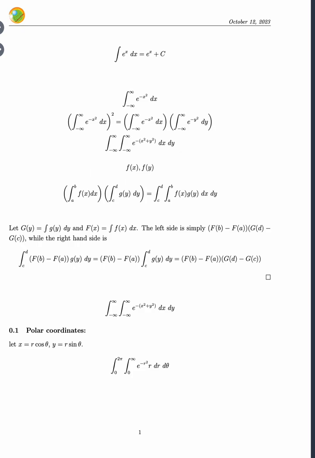So now we're ready to evaluate. Now here, we have r times e to the negative r squared. Now we can just use u sub, right? Let u be equal to negative x squared.